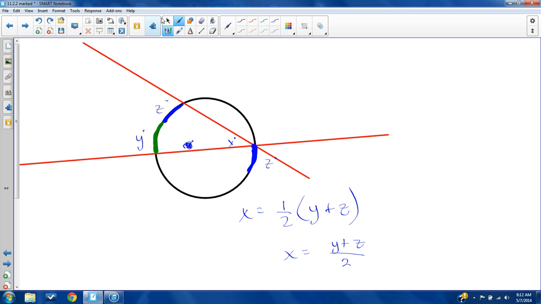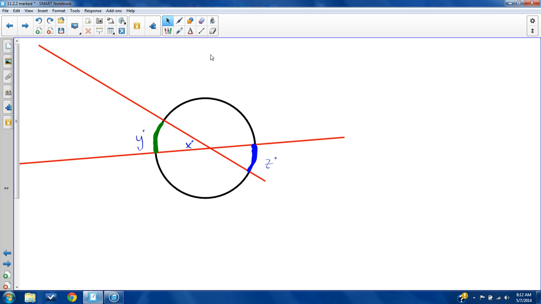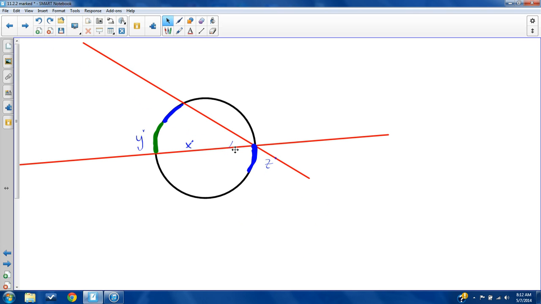So if I go all the way back and undo this, you see this original angle x is half the measure of this intercepted arc plus this intercepted arc, because when I moved it over here, we gain that information as we lose it here. Okay, so x equals y plus z over 2.